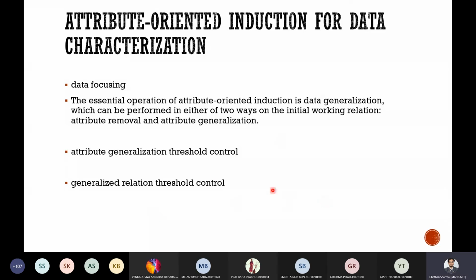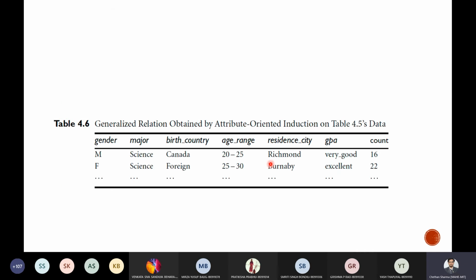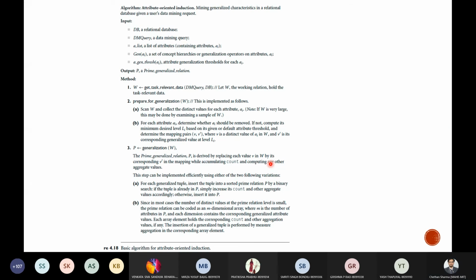No matter which of these generalization techniques is applied, the user should be given an option to adjust the thresholds. The last part is this particular algorithm, which shows how attribute induction is actually implemented. This algorithm is the basic algorithm for attribute oriented induction.